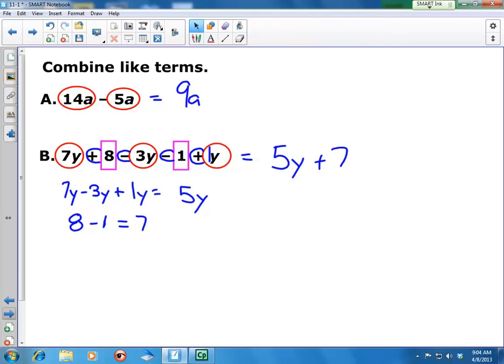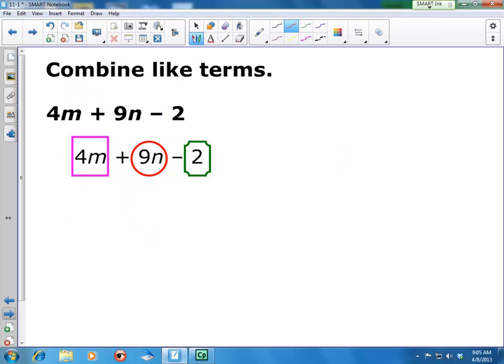Because this 7 right here is positive, if that was a negative 7, then it would be 5y minus 7. But since it's a positive 7, it's 5y plus 7. All right, let's take a look at our next slide.